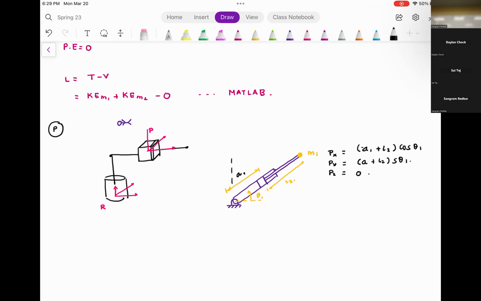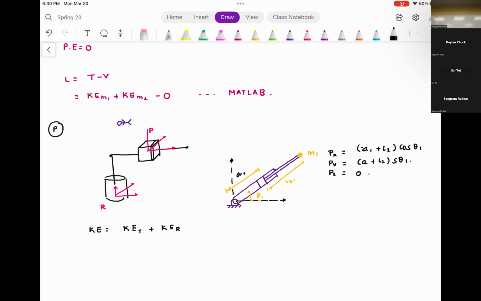So actually, let me write this simply. I need to find out the kinetic energy. I'm going to have a kinetic energy of translation, plus a kinetic energy of rotation, and here some cases are possible. For example, you have this first joint.